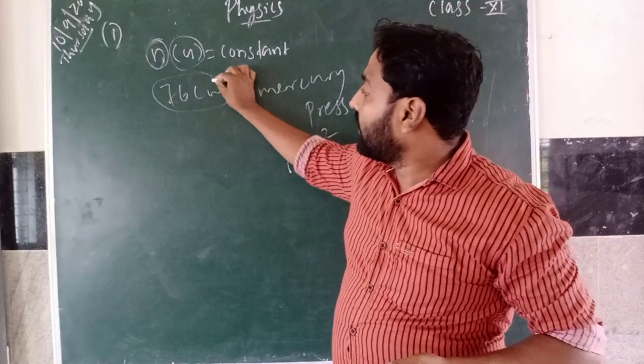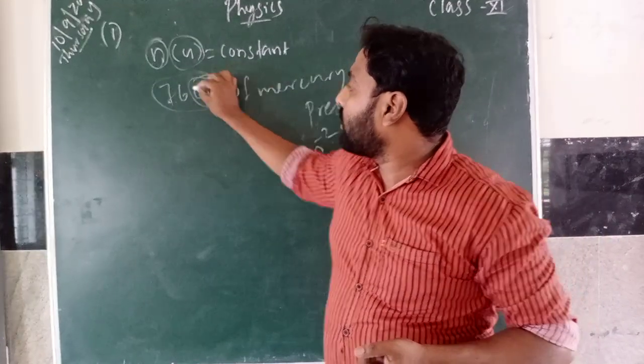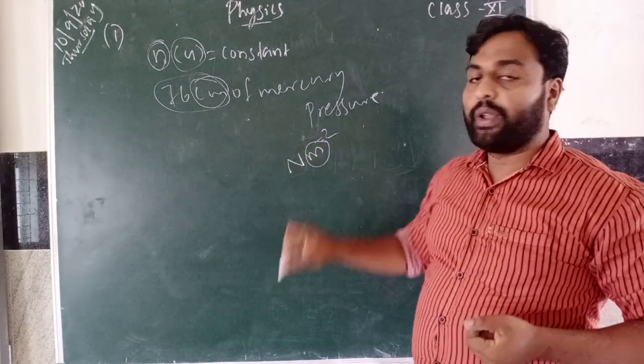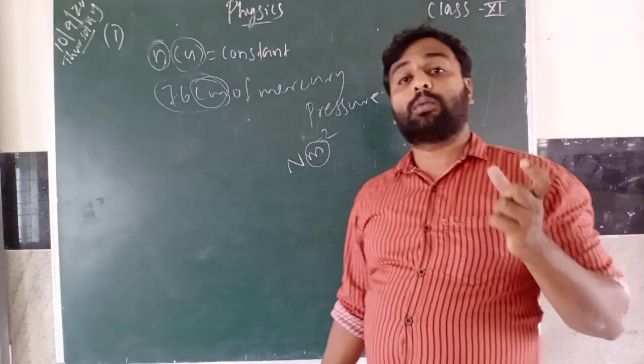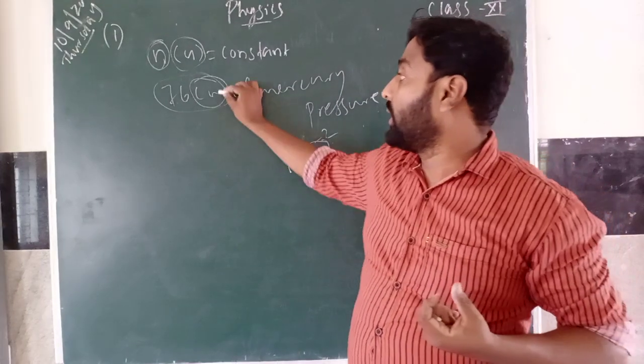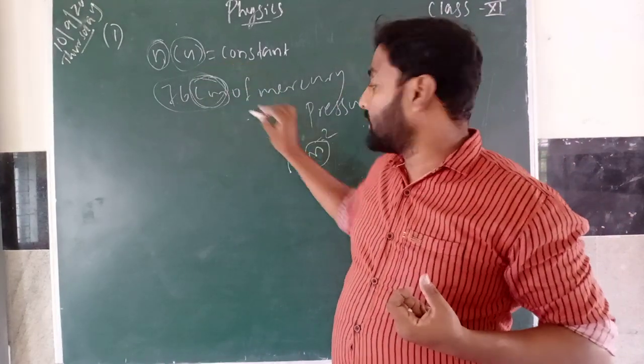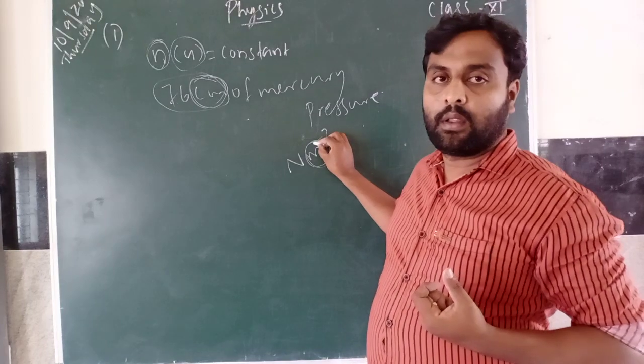So you have to convert this 76 centimeter of mercury to the other system. That is the application: converting one system of unit to another system of unit. You are converting CGS to MKS.